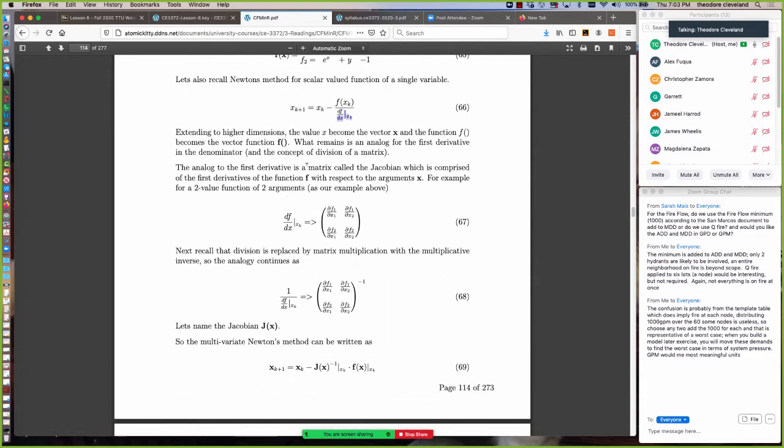So the analog to the first derivative is a matrix called the Jacobian, and it's comprised of first derivatives of the function f with respect to the individual arguments.